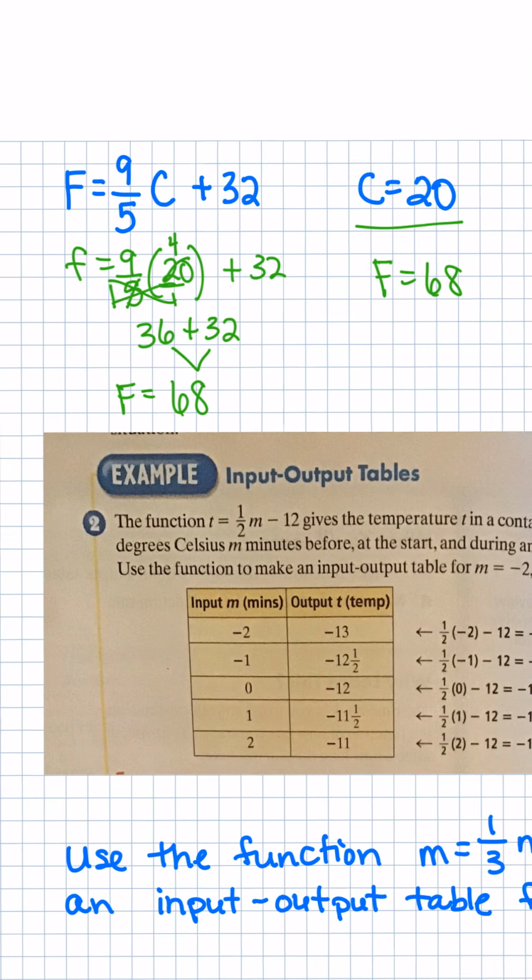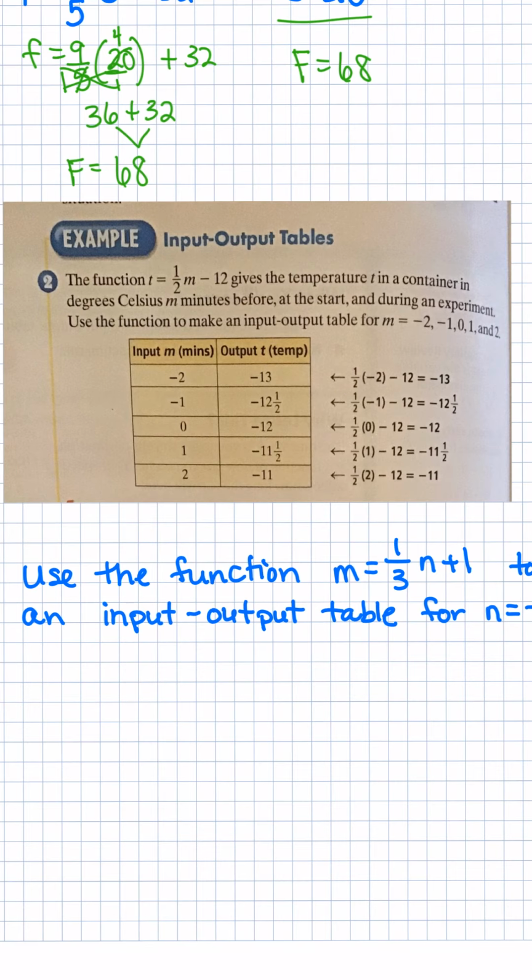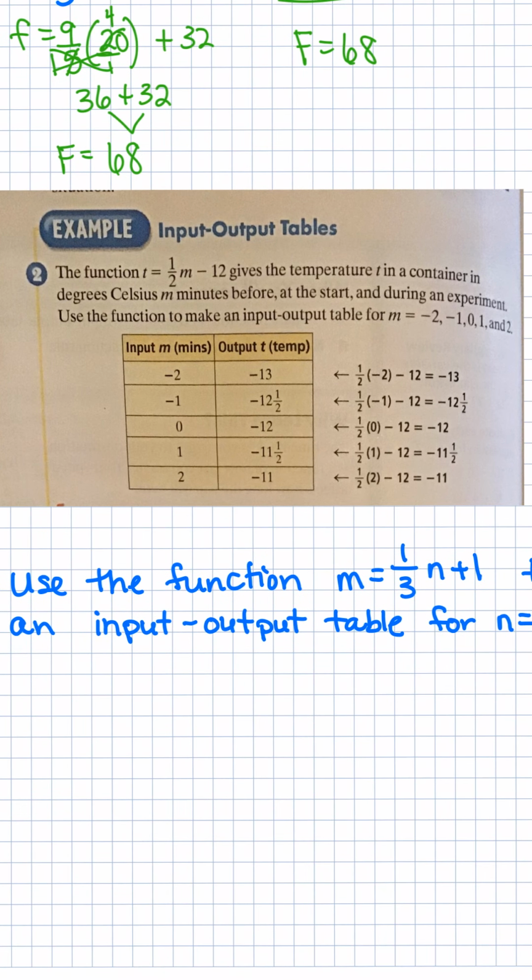So another way to think about this is looking at tables. So in this table here, the function T equals 1/2 m minus 12 gives the temperature T in a container in degrees Celsius, m minutes before the start and during an experiment.